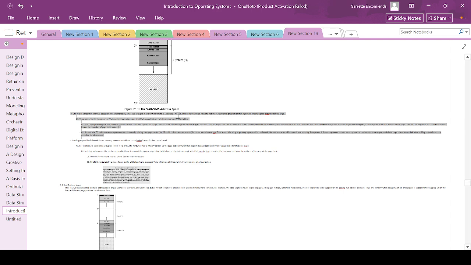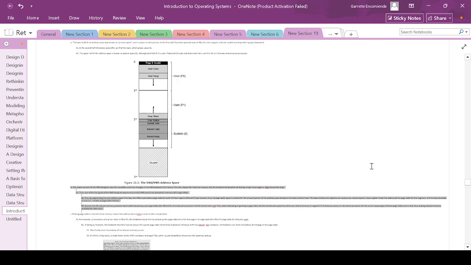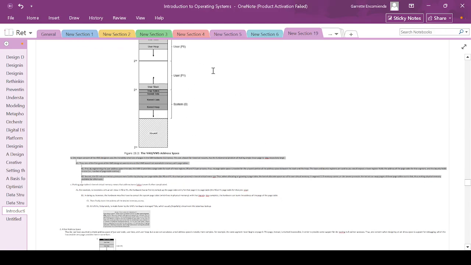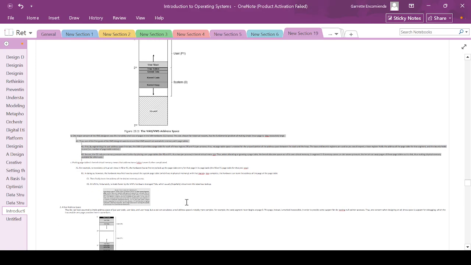So let's say you have this segment P0, the base register holds the address for that, and the bounds register holds its size, like the number of page table entries. So again, the size of the page table depends on the number of page table entries. And remember, the page table entry has the protection and modified bits.